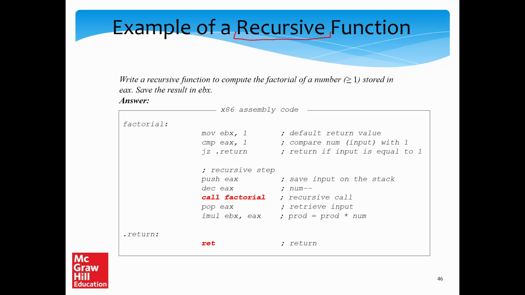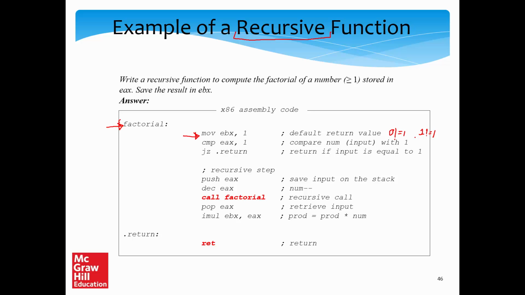Alright, so let's start. The name of the function is factorial. Whenever we jump, we essentially jump to this point. Here we put 1 in EBX. This is the default return value. Recall that 0 factorial is 1, and 1 factorial is also equal to 1.